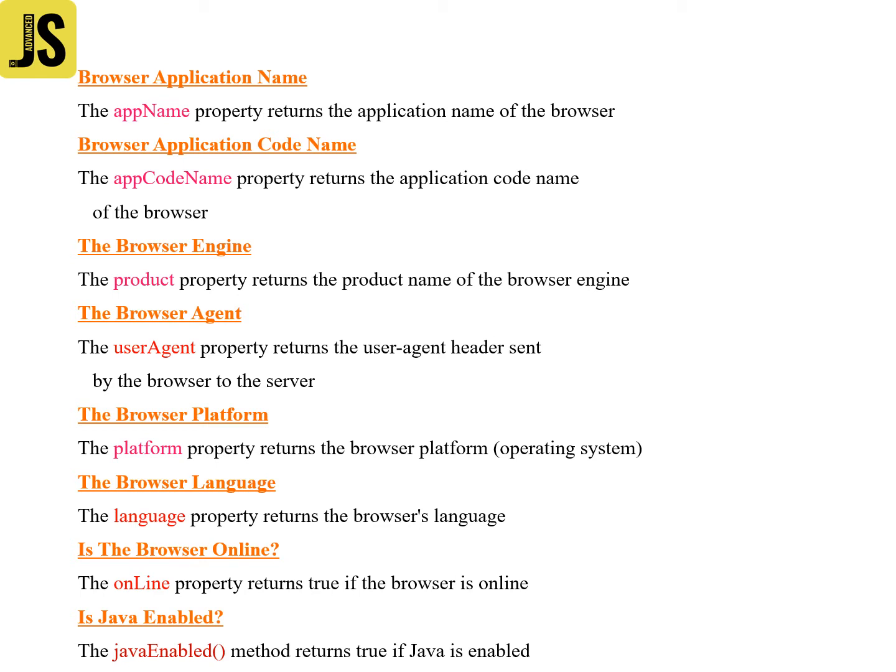If the browser is compatible with Java, it will produce a true value. Otherwise, it will produce a false value. So these are various methods related to the browser, and these methods access the browser information: browser application name, browser application code name, browser engine, browser agent, browser platform, browser language, is the browser online, is Java enabled, like that.